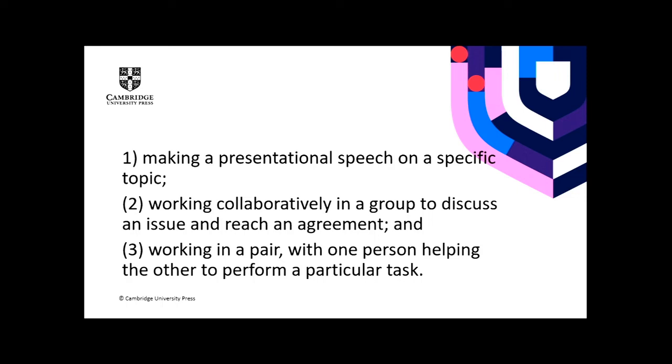The second one is, in groups, learners work collaboratively to reach an answer, a conclusion, a solution to a problem. And the last one would be one person dictating and directing the other person in pair work, exercises or procedures. But before we give it a go, do you remember the toolkit?